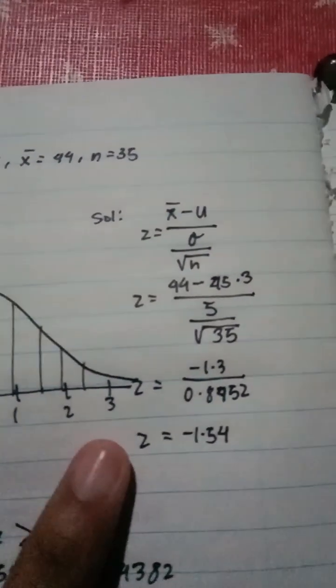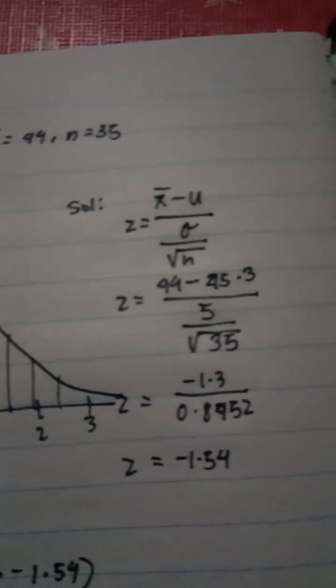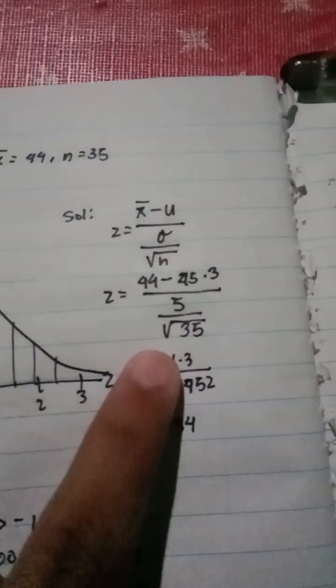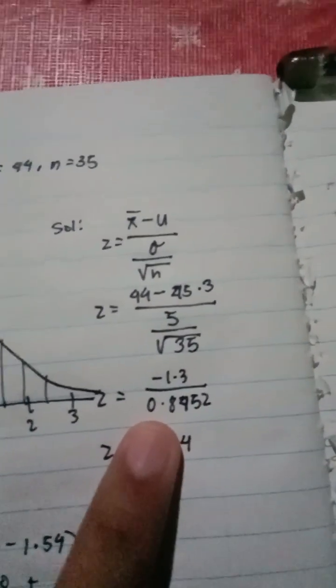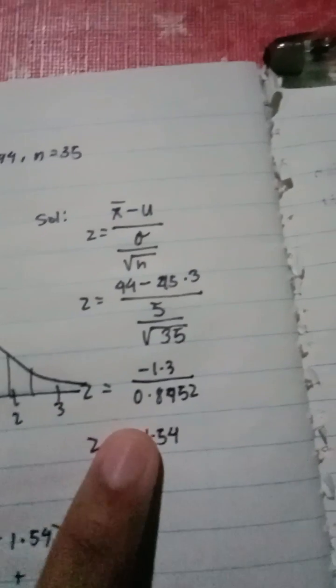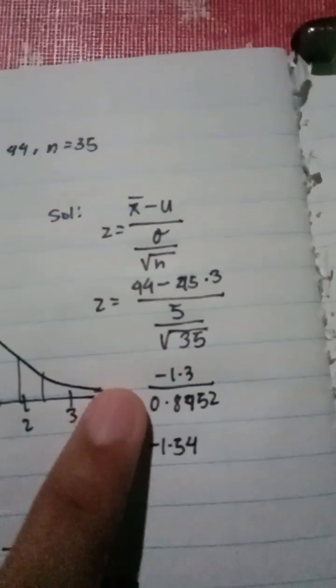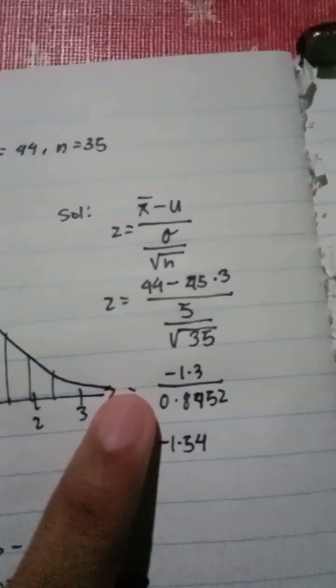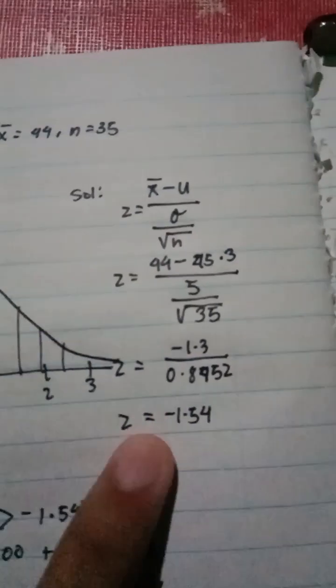Then the denominator, 5 divided by the square root of 35, to the nearest decimal places is 0.8452. Dividing negative 1.3 by that decimal, the result you will get will be z equals negative 1.54.